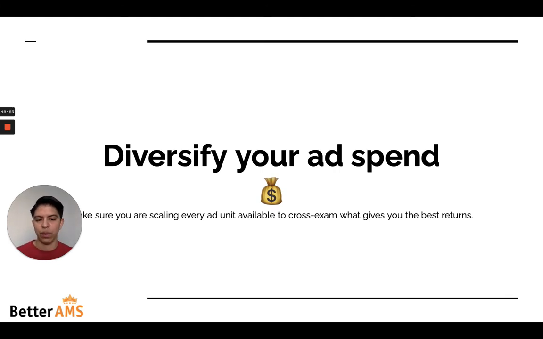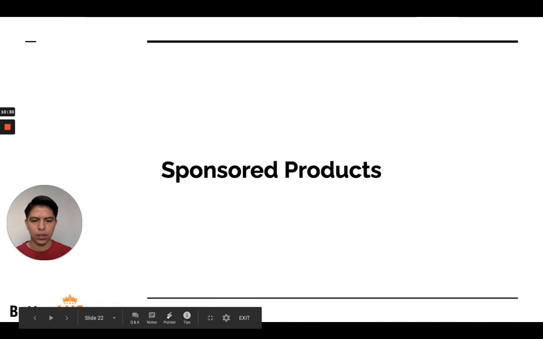Or if sponsored brands headline ads are not giving us the returns, but sponsored brands video is, I'd rather invest more money in sponsored brands video because I'm getting the returns there. So in 2021, it's about diversifying your ad spend, seeing what ad units give you the most return and the most awareness. Sponsored brands video is one of them because it's a new shiny object. So get into that.